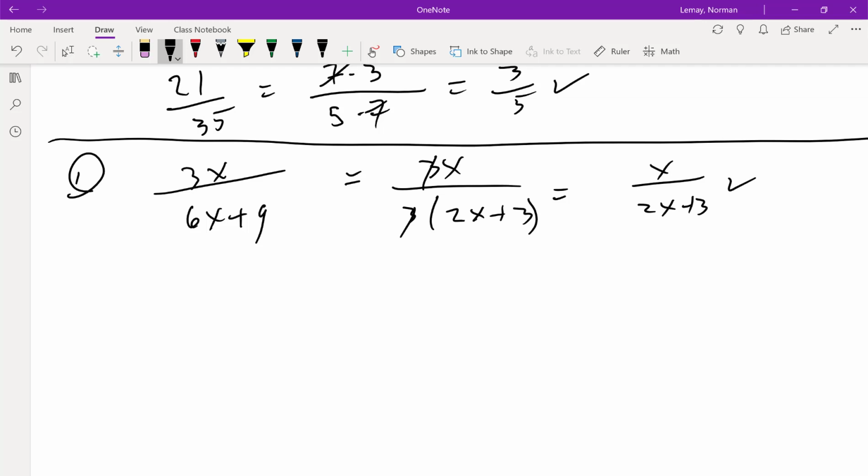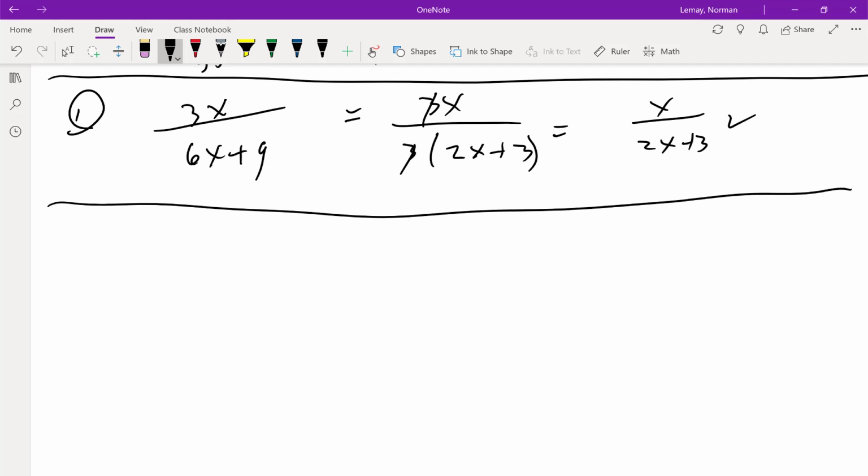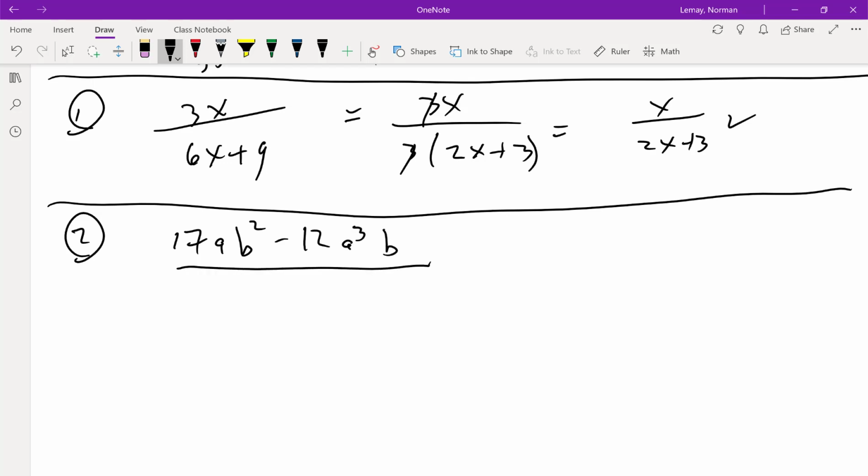So again, the bottom line is simplifying rational expressions for the most part just means factor the top and factor the bottom. Let's take a look at 17ab squared minus 12a cubed b divided by 6ab.